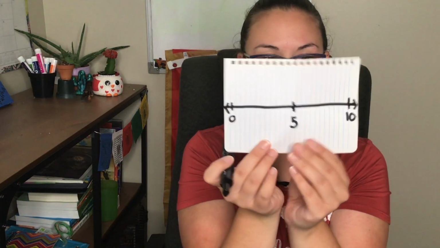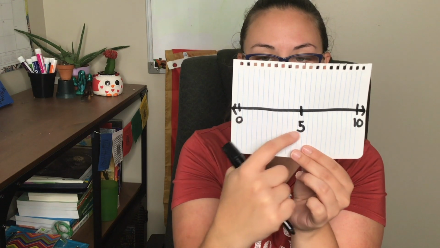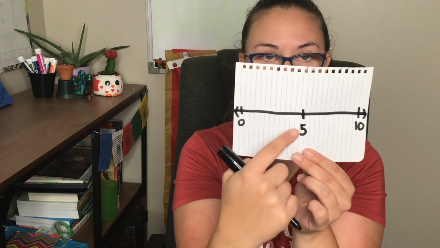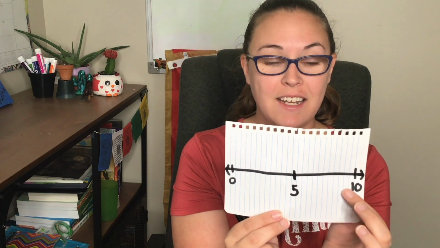On the far end, we need a 0. On the left, put a 0. On the right, put a 10. And then in between 0 and 5, you need 1, 2, 3, and 4. And in between 5 and 10, you need 6, 7, 8, and 9. So take a moment now, finish getting your number line ready, and let's get ready to learn.